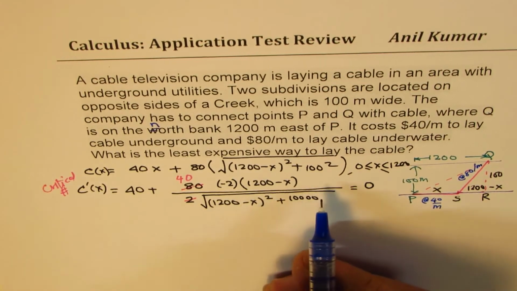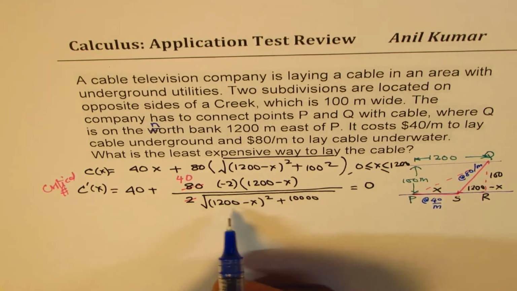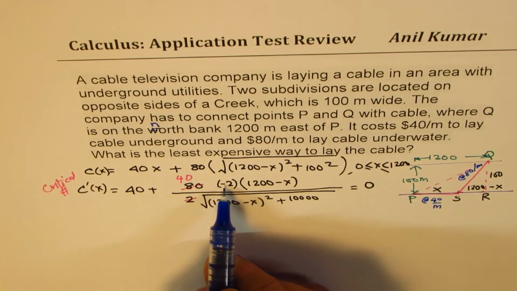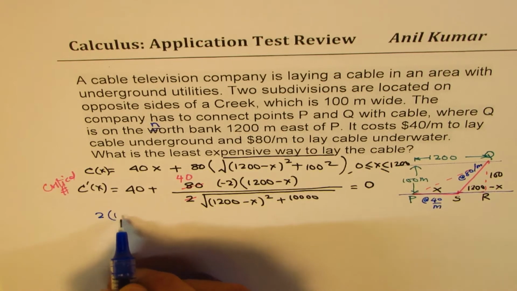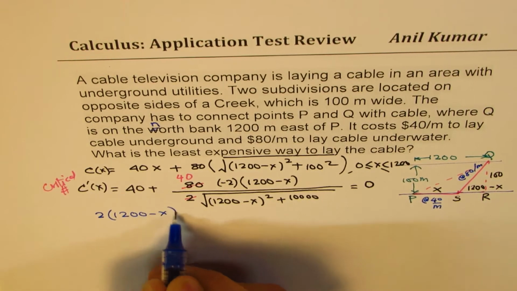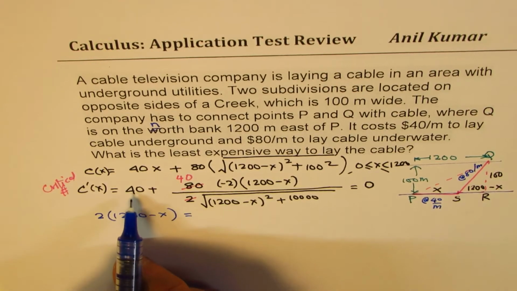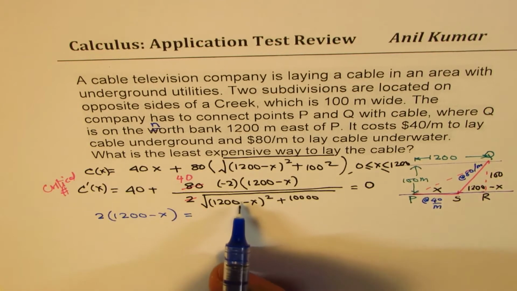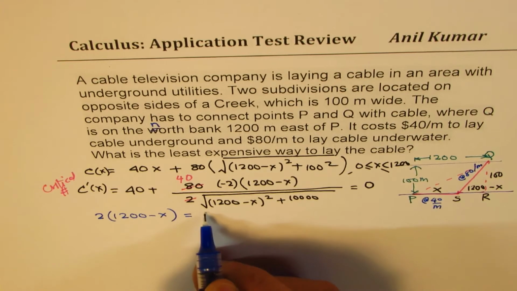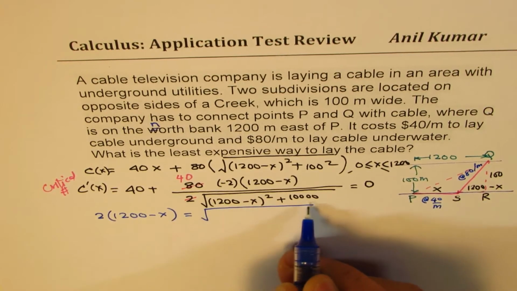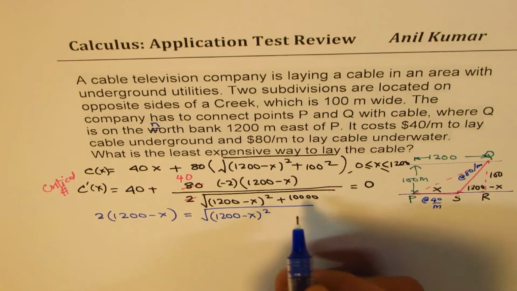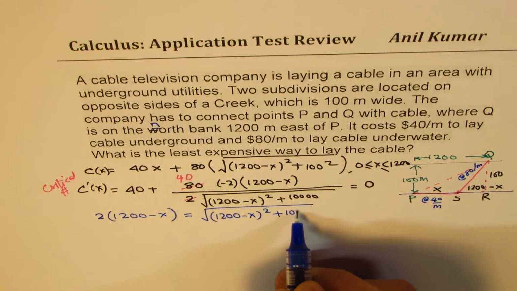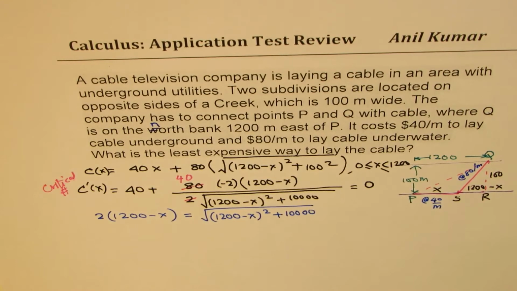Okay, and then we'll cross multiply. So once we cross multiply, I'm taking the minus to the other side, so I can write this as 2 times (1200 minus x) equals 2. Now this is 40 and 40, 1, right? So that gets multiplied with this, and we get the square root of all this, which is (1200 minus x) whole square plus 100 times 100. Is that clear?